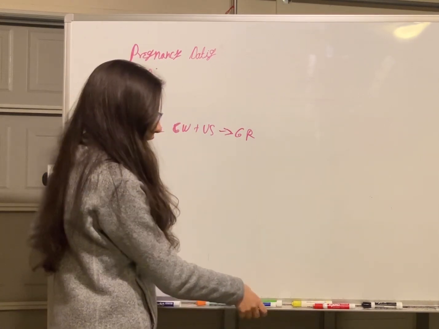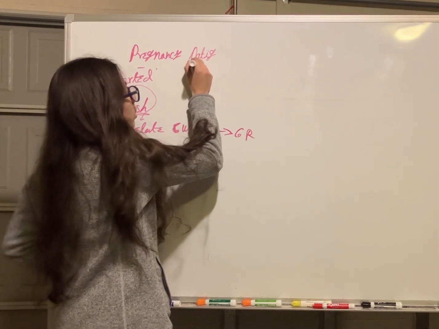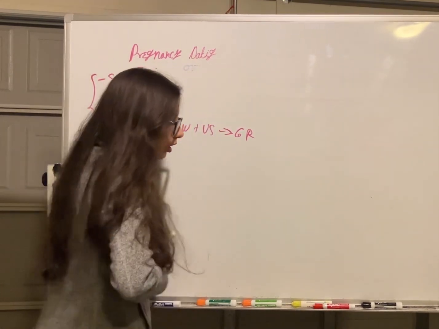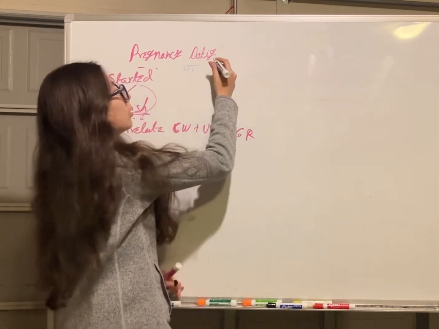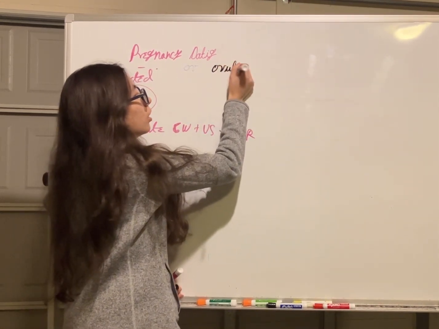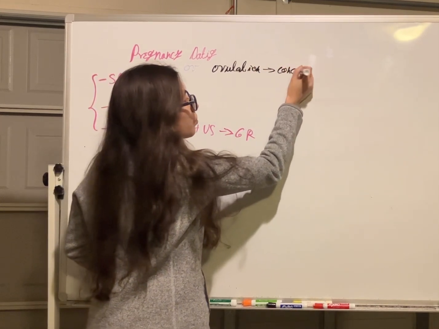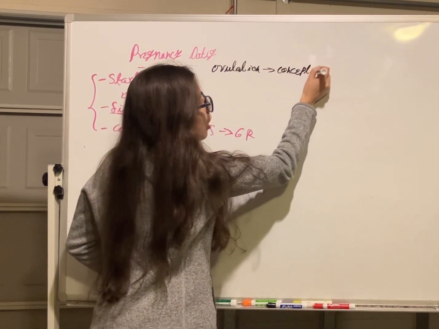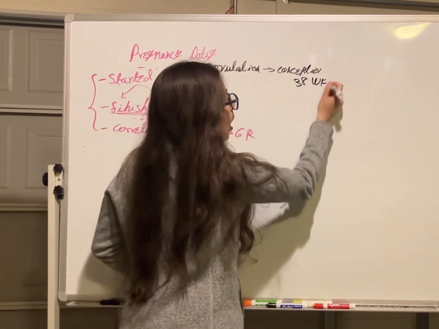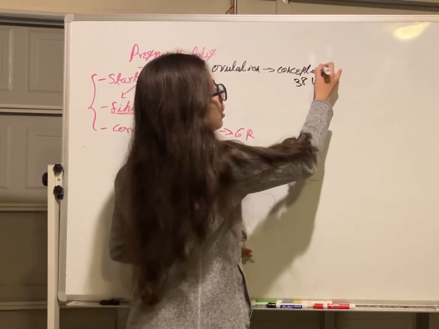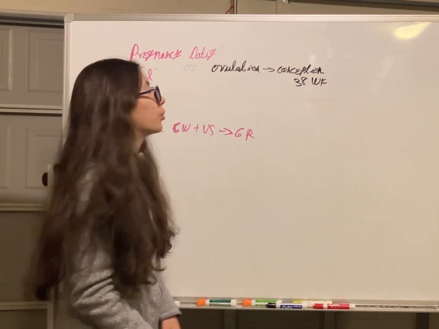Physiologically, the pregnancy starts when conception occurs, which is after ovulation. Exactly 38 weeks after the conception date is when the baby is going to be born.